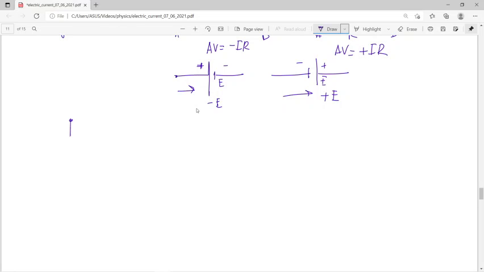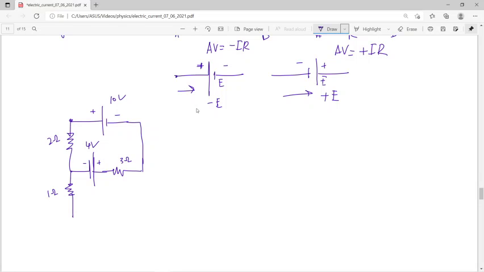Say this is a 2 ohm resistor, that is a voltage of 10 volt, and that is also another voltage, this is negative positive, this is a resistance, say 3 ohm, that is 4 ohm, and that is 1 ohm, say it is like that.